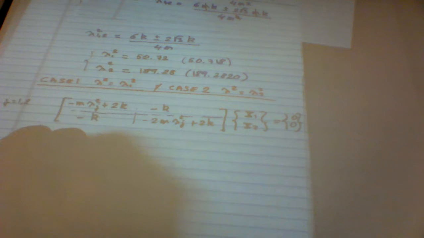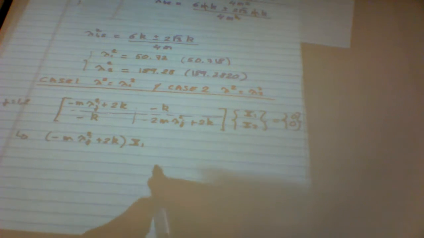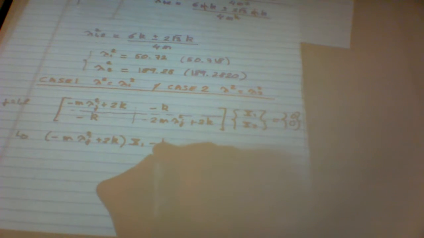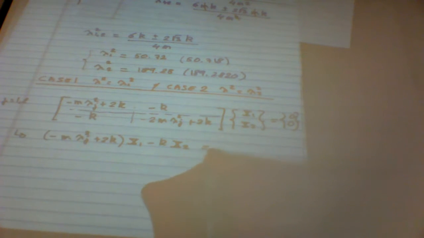So let's just solve for one over here. From here, what are we going to get? Minus m lambda j squared plus 2k, x1, minus k x2. Okay, let's do both of them if you want, equal to 0.